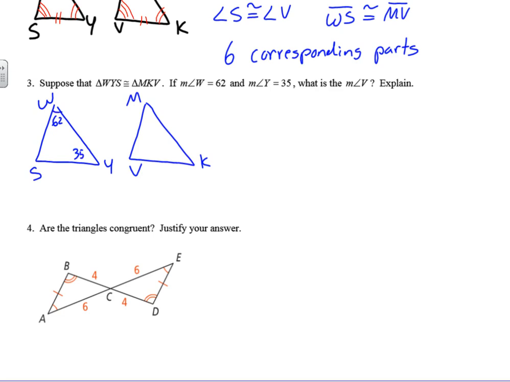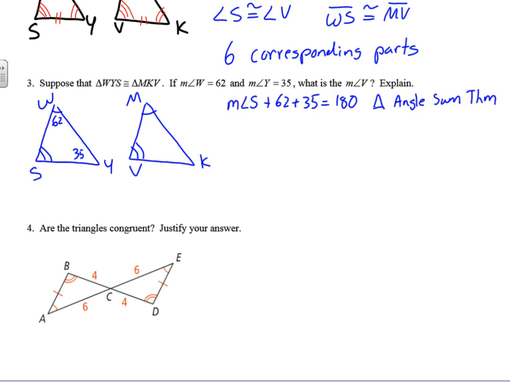Well, we know that W and M are going to be congruent, and we know that S and V are going to be congruent. So really, if we could find the measure of angle S, we would know the measure of angle V. So the measure of angle S plus 62 plus 35 equals 180. That is the triangle angle sum theorem.